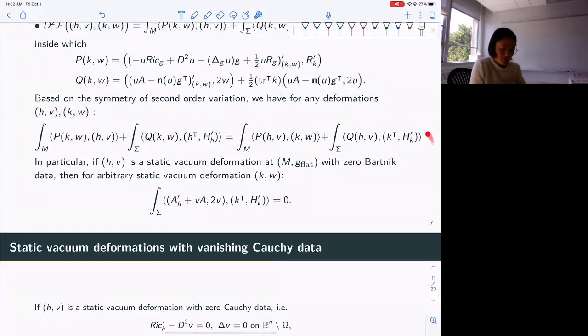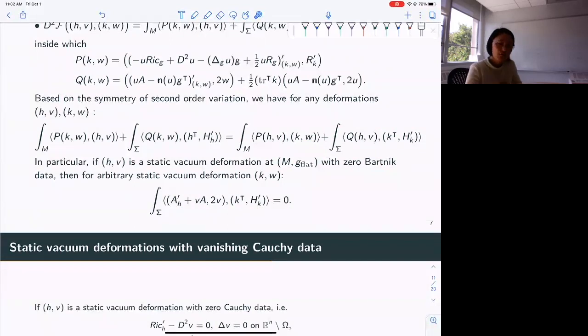We are left with this term, and it reads: this boundary condition of HV paired with the Bartnik boundary data of K should equal 0. Okay, this is telling us that this new boundary data of HV is like the L2 formal adjoint of the Bartnik boundary map.